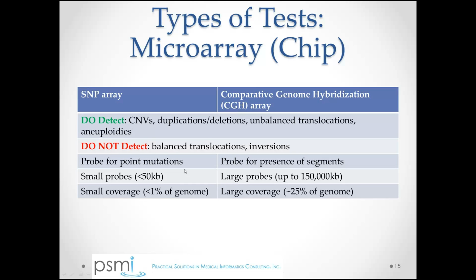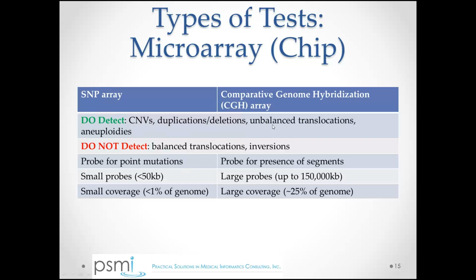There's no heterozygosity in that complete segment. All of the SNPs you see are homozygous. You can infer from there that there could be a deletion of the other chromosome.